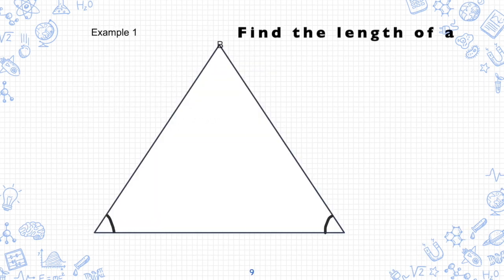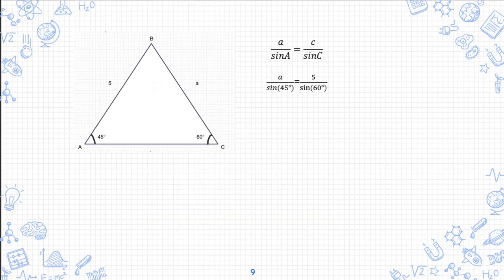Now let's use the sine rule to solve some examples. In the example, we can see that we have a matching set of values for angle C and side c. We also have the angle of A, but we don't have the side length of a. Let's begin this example by putting it into the sine rule. So that becomes a over sine 45 equal to 5 over sine 60.